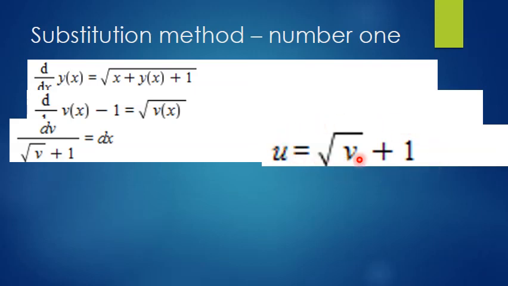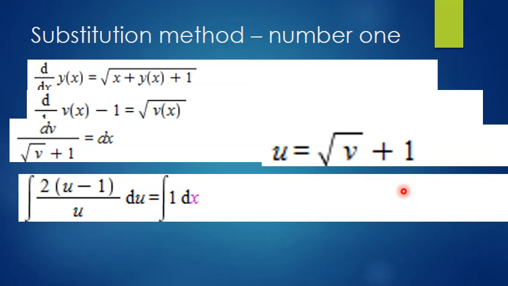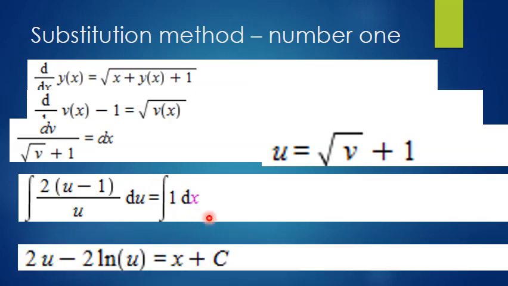So this is where the calculus is going to get kind of hairy. In order to do that substitution, I have to figure out how dv is related to du, and if you do that, do some algebra, you get this expression. So I'm going to plug that back in, and so now I can integrate this quite easily, and I can integrate this quite easily, and if you do that, you get this expression.